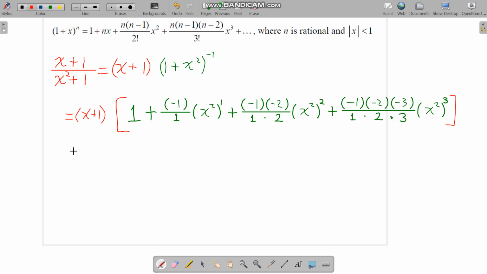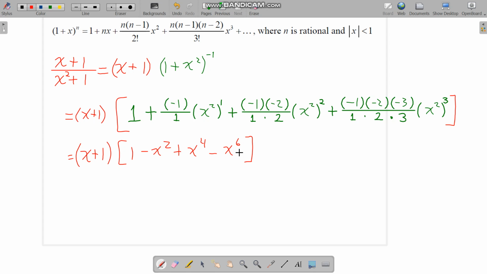We get x plus 1 times 1 minus x squared plus x to the power of 4 minus x to the power of 6.